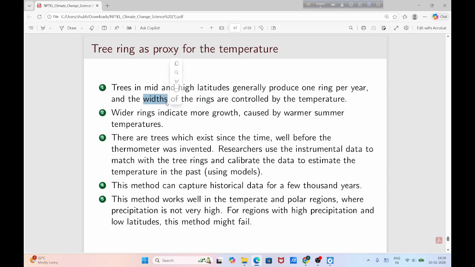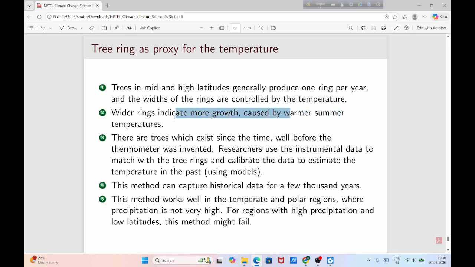This is applicable in the mid and high latitudes because rainfall has less effect in these regions. Wider rings indicate more growth, caused by warmer summer temperatures.